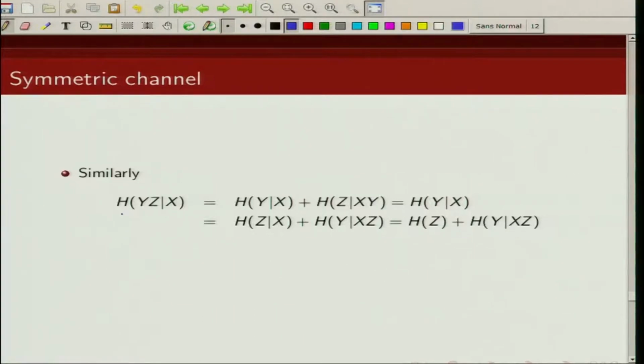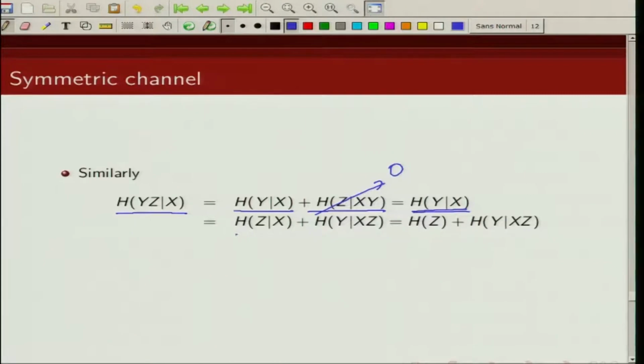Similarly, I can write the uncertainty in yz given x as, using the chain rule, uncertainty in y given x plus uncertainty in z given x and y, and as I said, given y there is no uncertainty in z. So, this term is 0. So, this can be written as uncertainty in y given x.